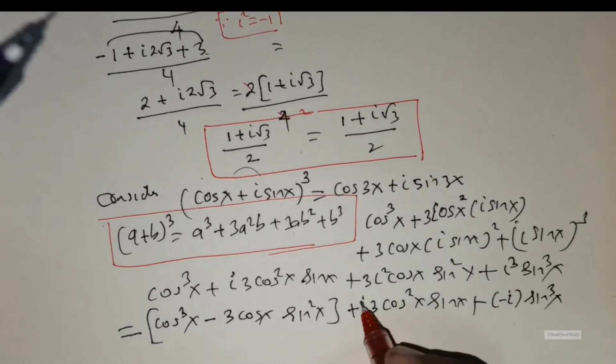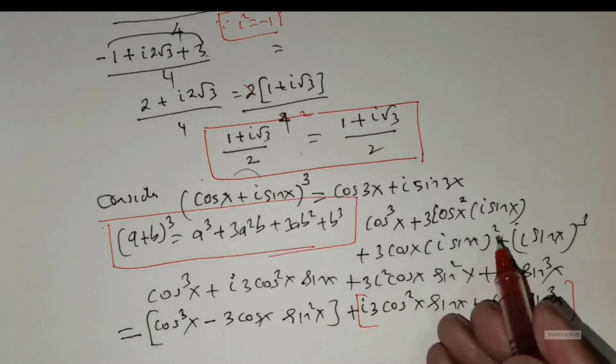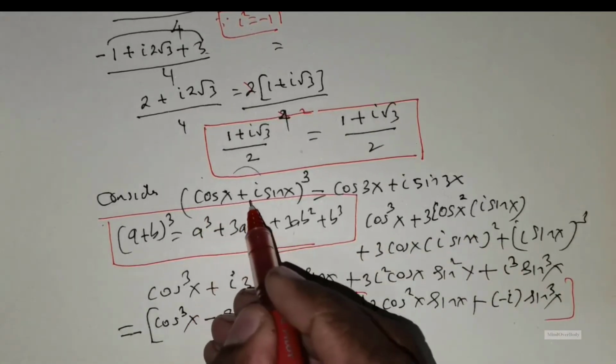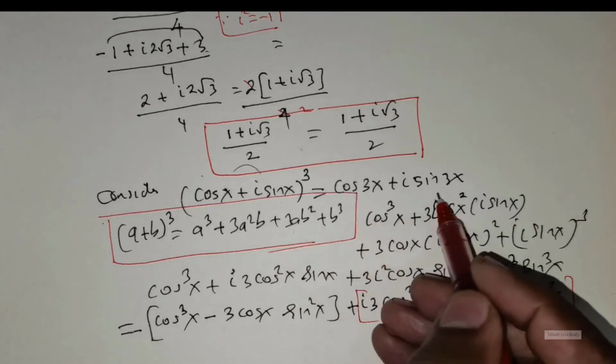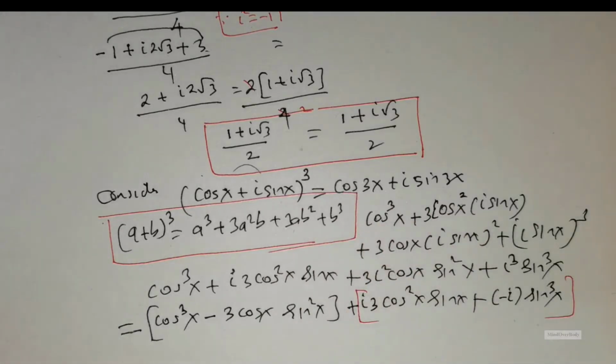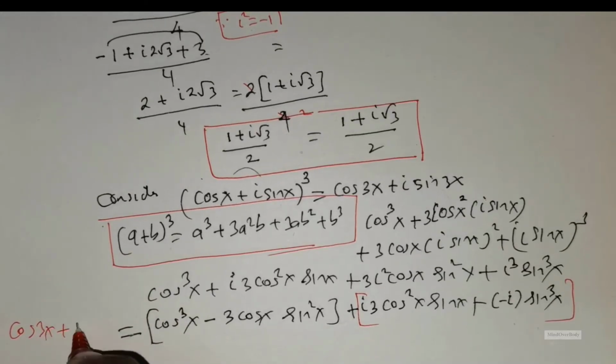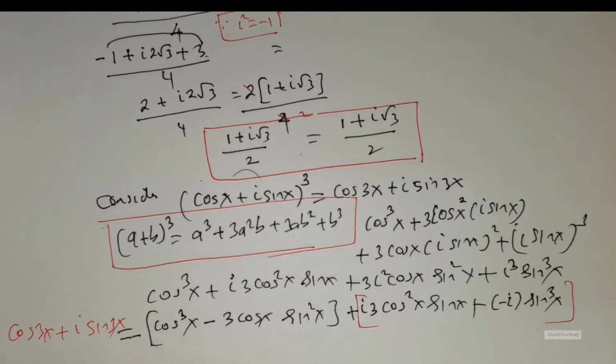Now this is the imaginary part. Now we actually started with (cos x + i sin x) raised to the power 3 to be equal to cos 3x + i sin 3x. So on the left side it is actually cos 3x + i sin 3x.